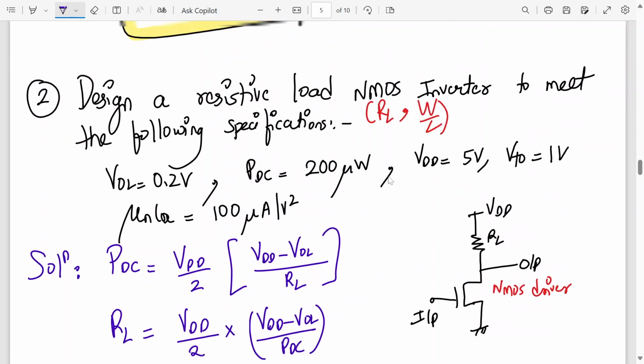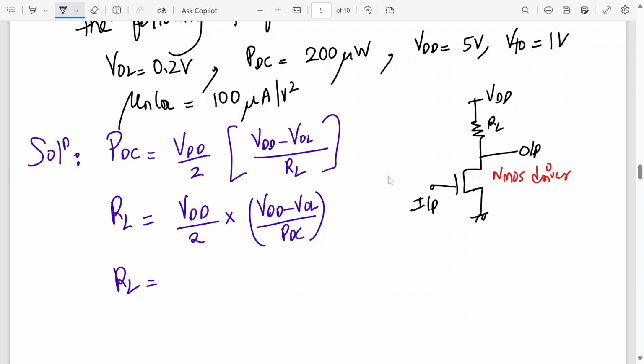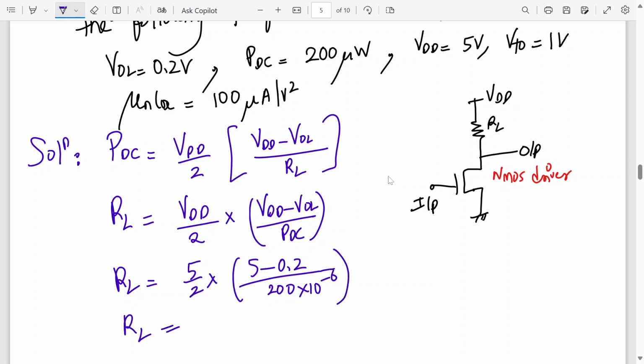VDD is given to you. It's 5 by 2 into VDD minus VOL; VDD is 5, VOL is given 0.2, PDC is given 200 micro. So the load resistance value should be how much? Calculate this and let me know. It will come close to 60 kilo ohms.